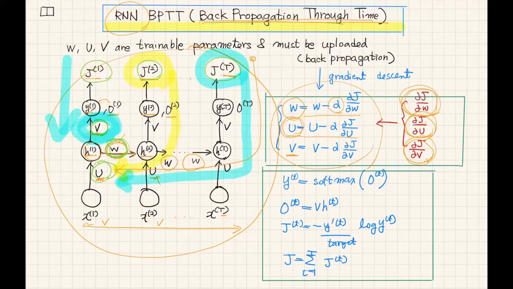In addition, I would like to remind you that Y is obtained by softmax of the output function at stage T. Please remember that. In order to obtain the derivative of J with respect to W, we have to have all these equations because we have to apply the derivative relationship of the softmax function. And output O_T is obtained from hidden layer H_T by applying this V matrix.